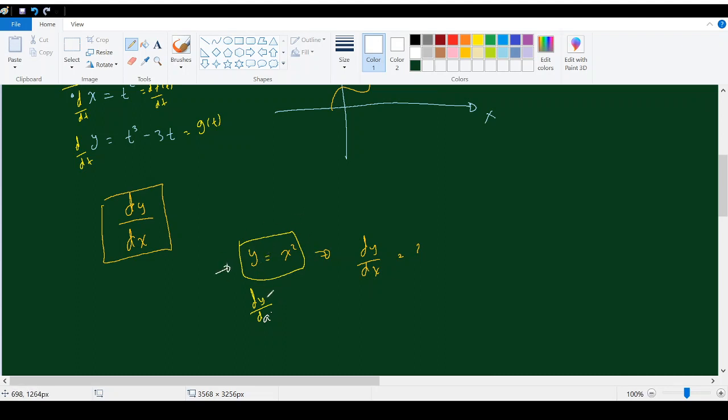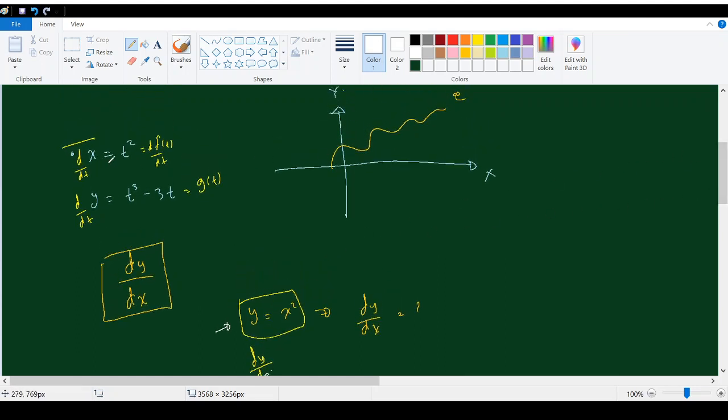So for this differentiation to make sense, there should be some sort of dependence. Here we can clearly see that x depends on t, so dx by dt makes sense. The same goes for the y variable as well.